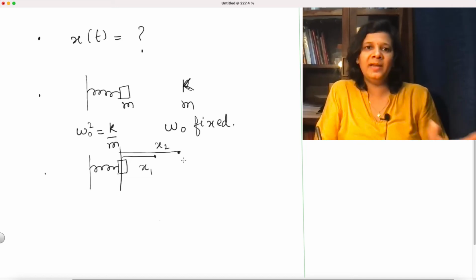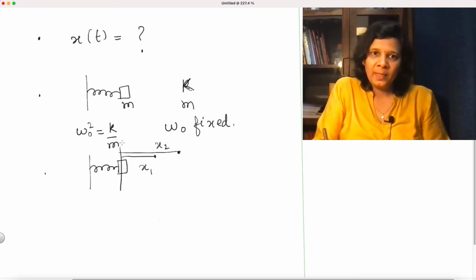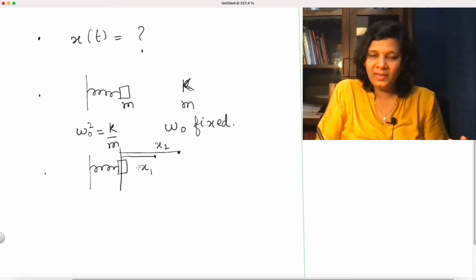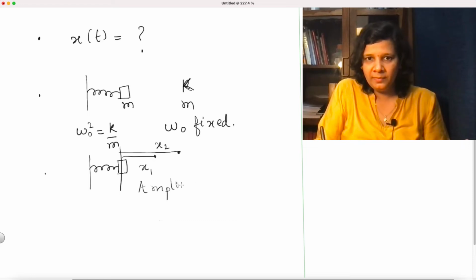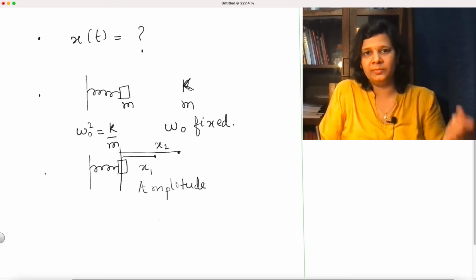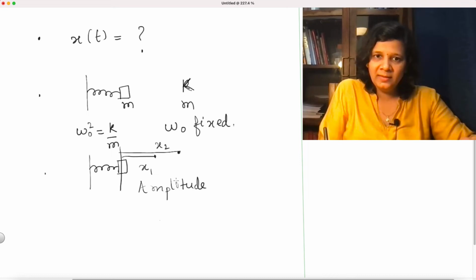This is in my hand. What I choose is my choice, and this we call the amplitude. So this one is in my hand.